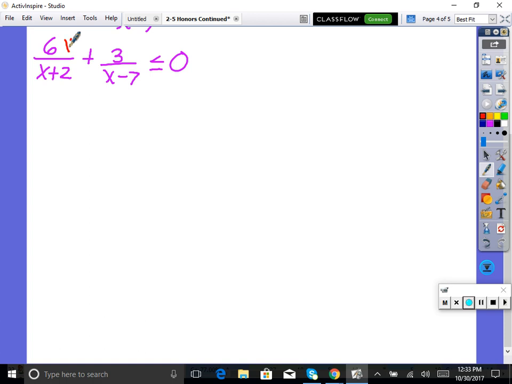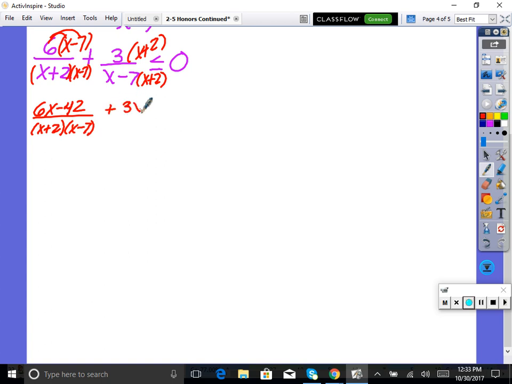Okay, common denominator. So then we would multiply this out. So we have 6x minus 42 over x plus 2 and x minus 7. Then we have plus 3x plus 6 over, so I distributed that through, all over x plus 2, x minus 7.